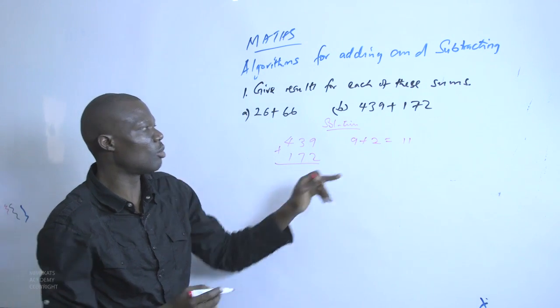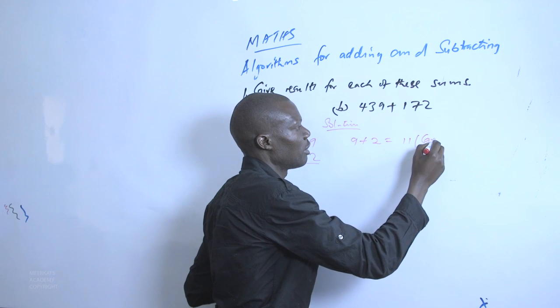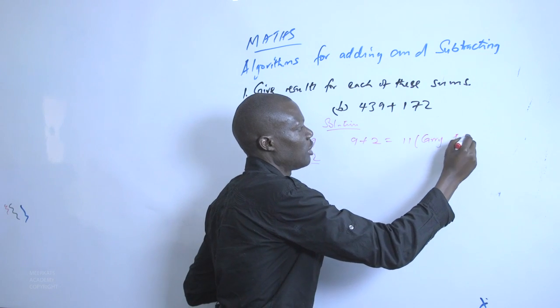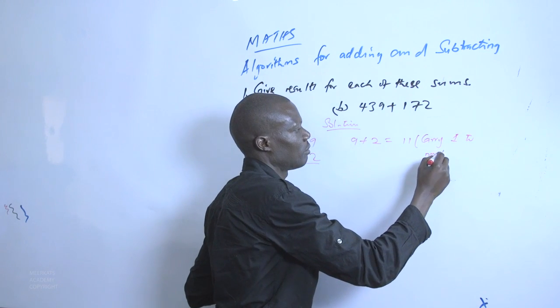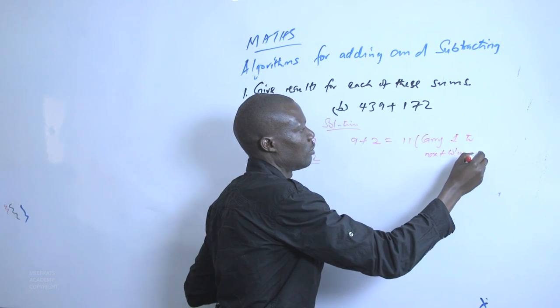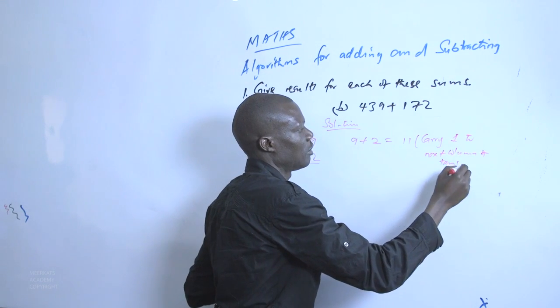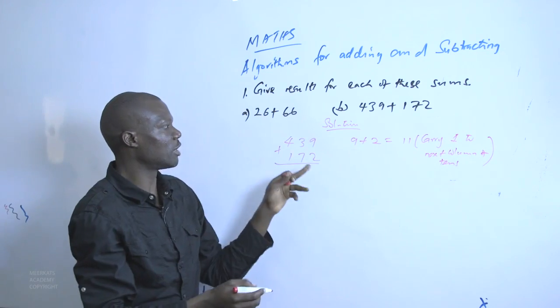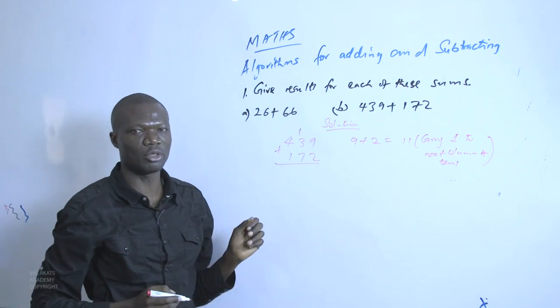So the digit 1, we shall carry 1 to the next column of tens. To the next column of tens. So which means 1 comes there.